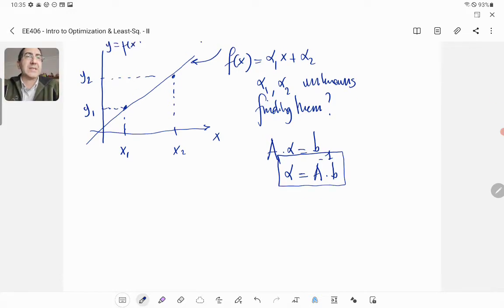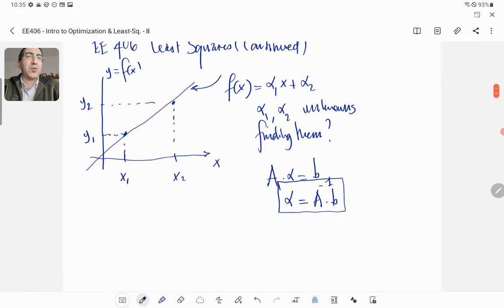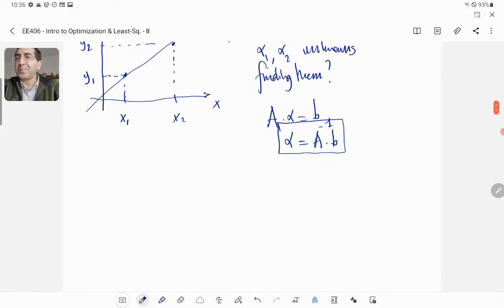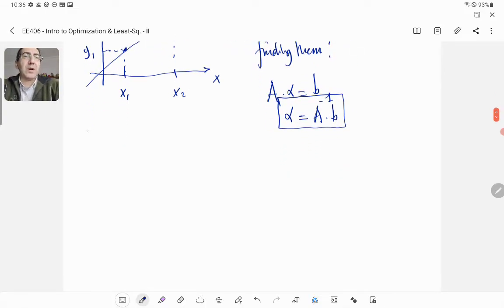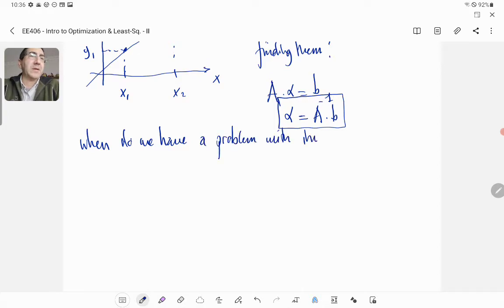For example, in this example, if x2 collapses to x1, so that these 2 data points become 1, essentially the matrix A becomes singular, and therefore we cannot invert it, therefore we cannot solve this problem. So when do we have a problem with inverting A?